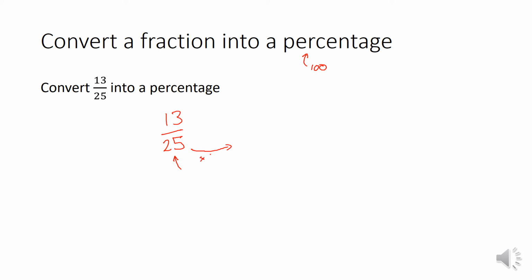Well, if we times it by 4, that gives us 100 on the denominator. And what do we need to do to keep it equivalent? We need to times it by 4 as well on the top. So 13 times 4 gives 52 out of 100. So 52 out of 100 means 52%. And that is because percentage means out of 100.